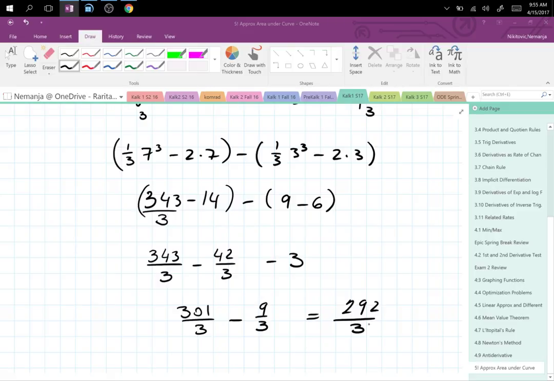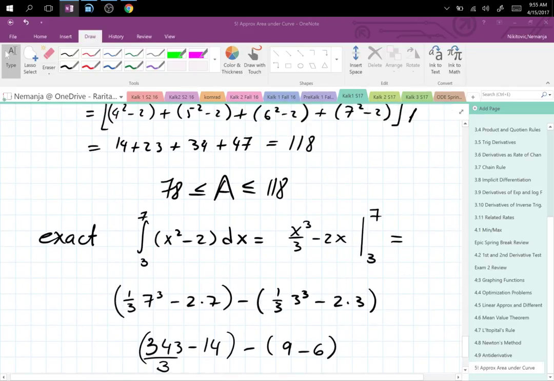So now you can actually figure that value out, right? It's 97 and 1/3. It's somewhat in the middle, right, of the two.